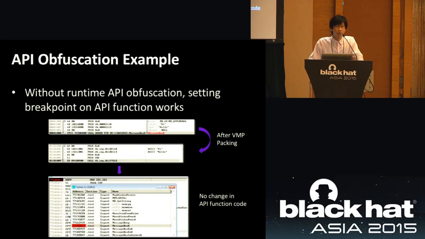When we set a breakpoint on one API function, we can eventually reach the API function itself, so we can analyze it more easily. And the code never changes during runtime.